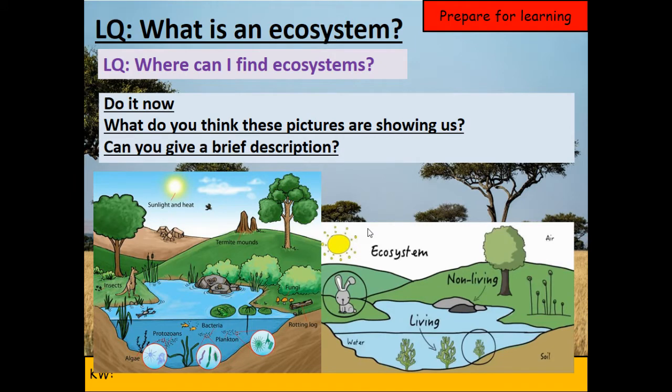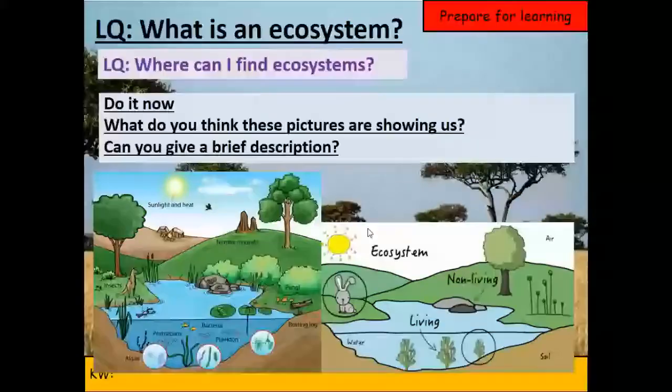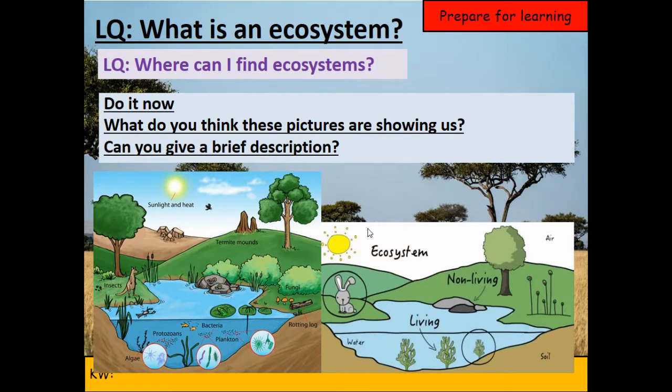And your non-living are things like your rocks, your sunlight, your air. They're all non-living because it's a rock. It's not alive. Okay, so it's that mixture of biotic and abiotic, or living and non-living factors.